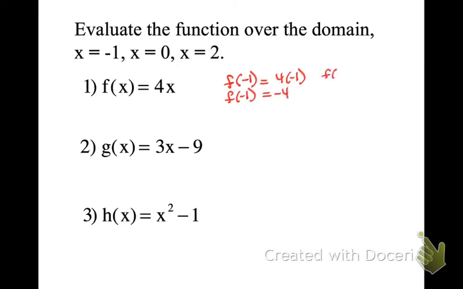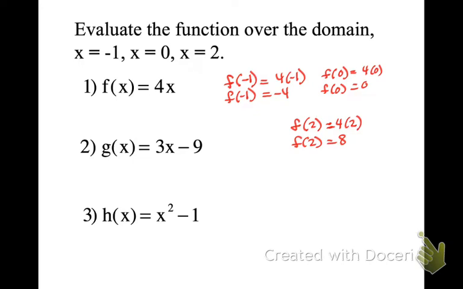The f of 0 equals 4 times 0. So the f of 0 equals 0. And then I'm going to do it a third time. The f of 2 equals 4 times 2. And so the f of 2 equals 8.